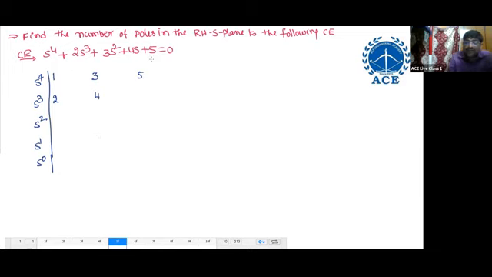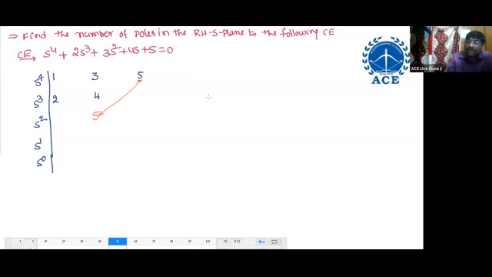Listen here. Whatever the S power 0 coefficient is, it is valid for all the problems. This S power 0 coefficient, just shift it diagonally, leaving one row before and one column before.